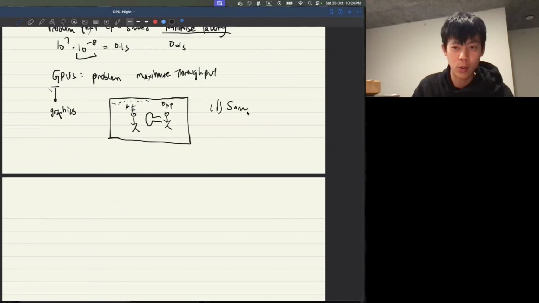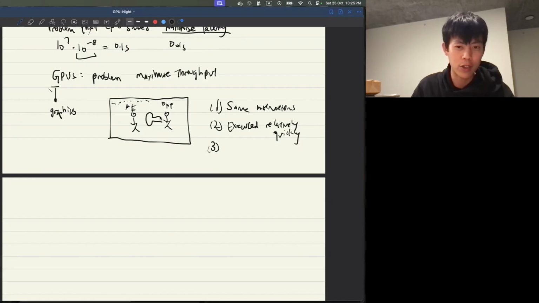So number one, the workload has the same instructions, and you want them to be executed relatively quickly, right? Because we want this punch to be rendered really quickly so that I can dodge it. And the third thing, we want them to be executed almost together in some sense.